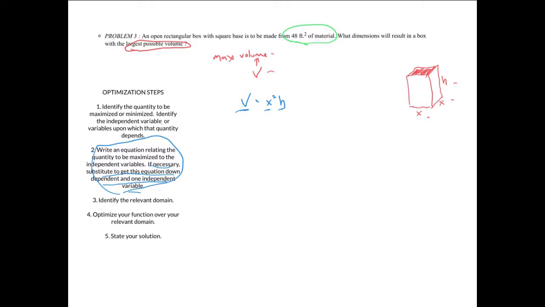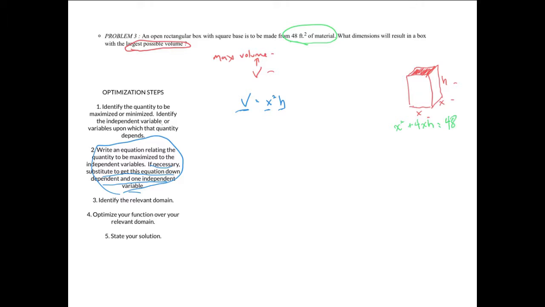So if I think about this box, the square base would be x squared, and the 4 sides would all have an area of x times h, so there's 4 of them, so 4xh. There's no top, so there's only the one square, x squared thing. And when I put those together, that would give me 48 square feet.